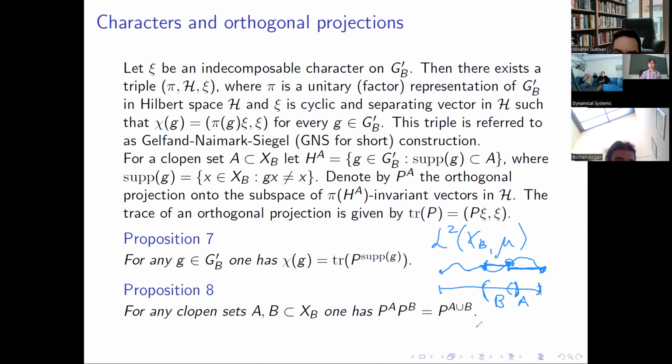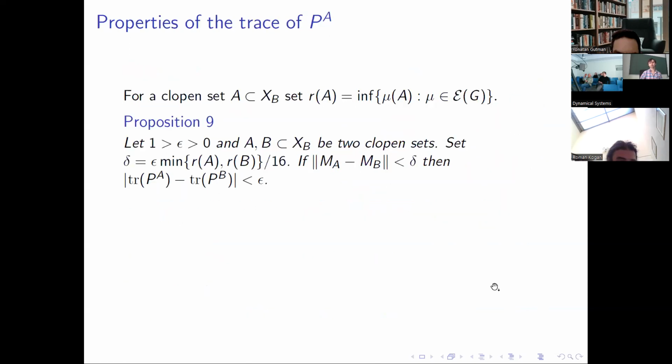So this property is not true in general, but it's true for many cases, for factor representations of these groups. And this basically means that we can deal with orthogonal projections similarly to Koopman sets.